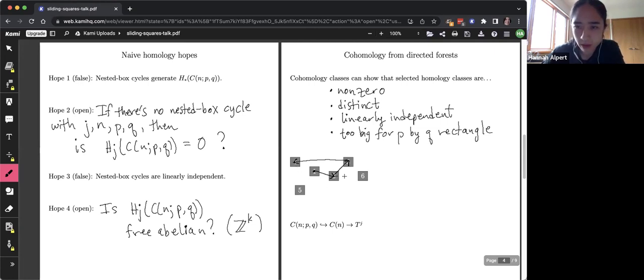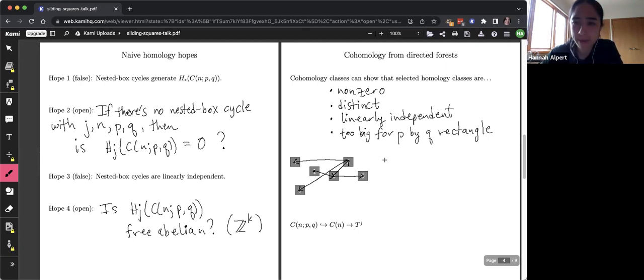I can draw the arrows wherever I want, although it turns out that if I draw any cycle of arrows, they won't happen independently, and so what I get will be 0 in cohomology. So I don't want to draw any cycles. That's why I say directed forest at the top.